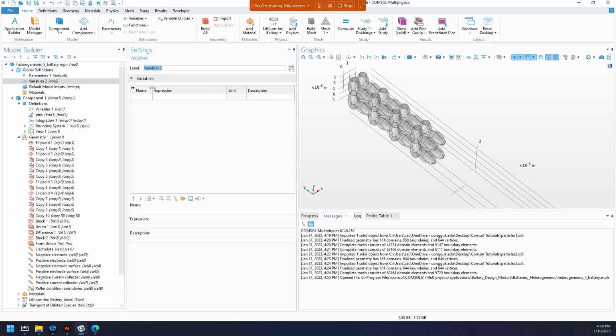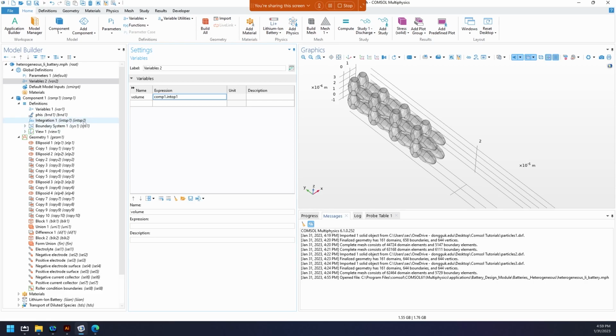If we go to the variables, then type maybe volume, volume of negative electrode particles. You should keep in mind you have to write component 1, because it's in component 1; sometimes it's model 1, so you have to write that name. Then you have to write intop1, where you have defined this thing.